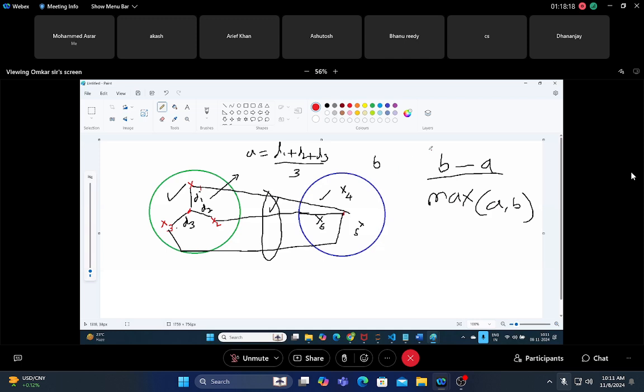B will increase. So the formula becomes B minus A by B. If this is well clustered, B is so high, then B minus A is approximately equal to B only.